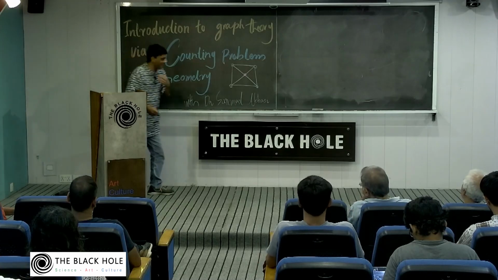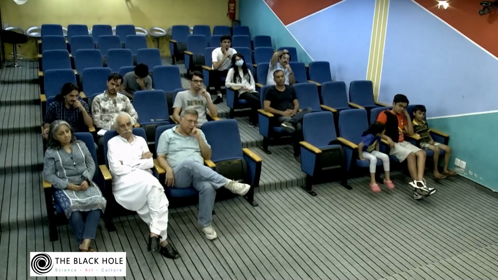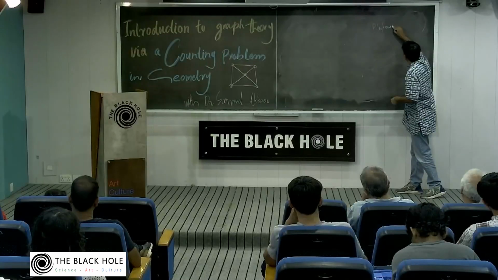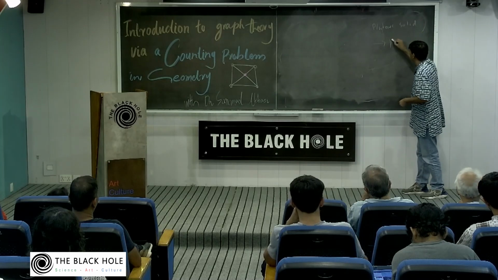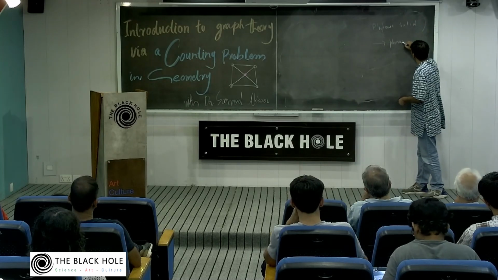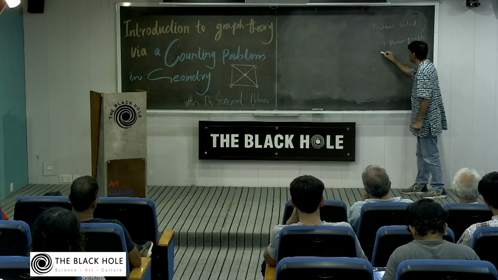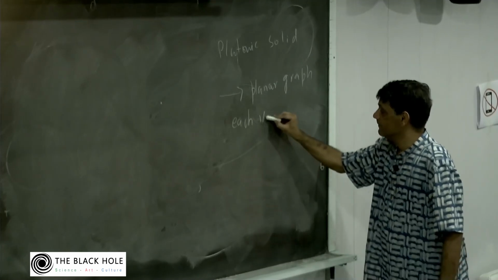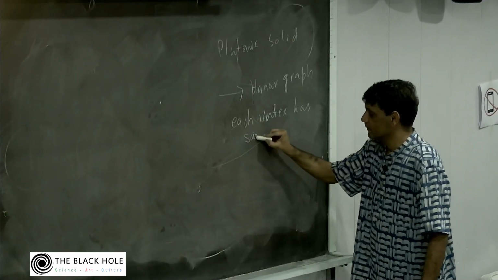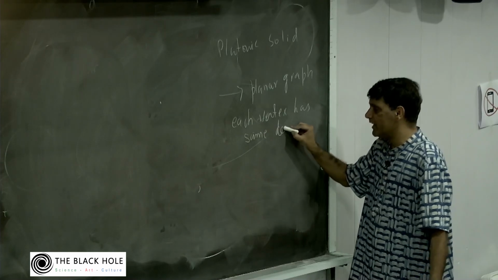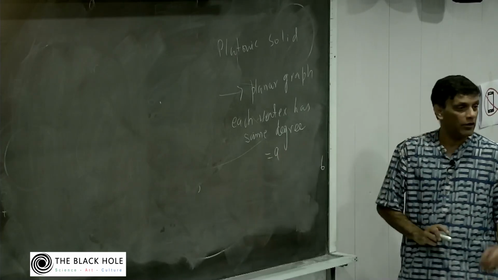Yeah. Okay, so the thing is that if you take a Platonic solid, okay, then it gives you a planar graph, okay, in which each vertex has the same degree. Remember, each vertex, the number of edges coming is the same. So let's call it A, all right?